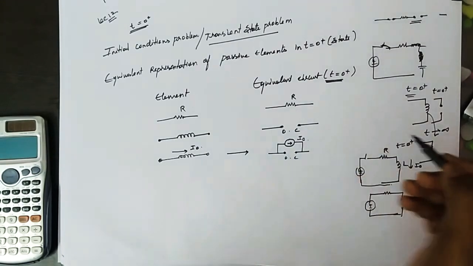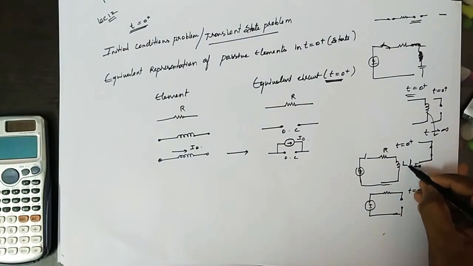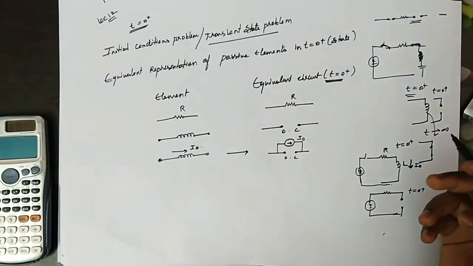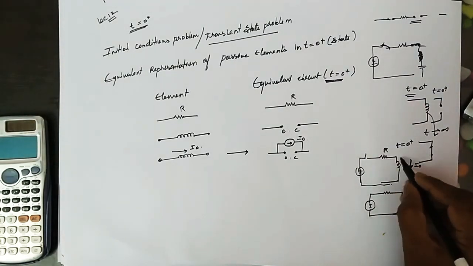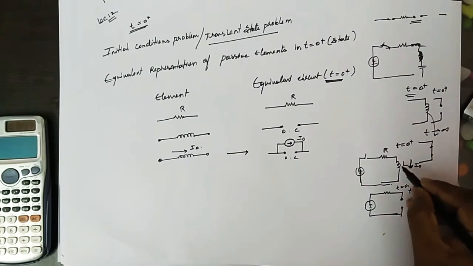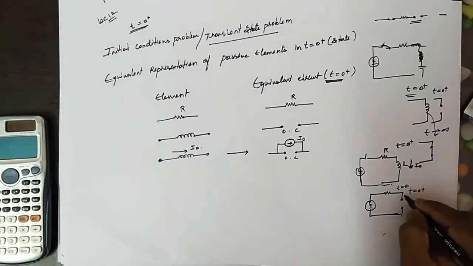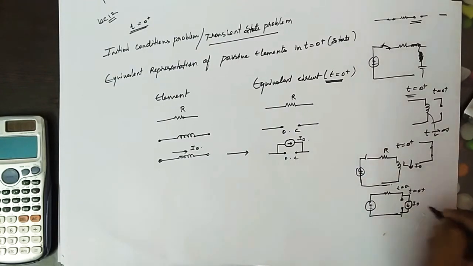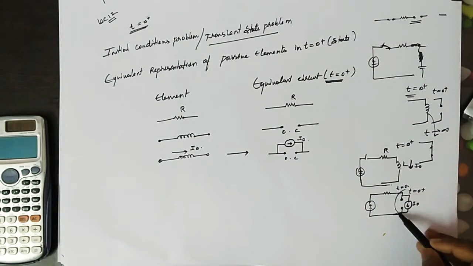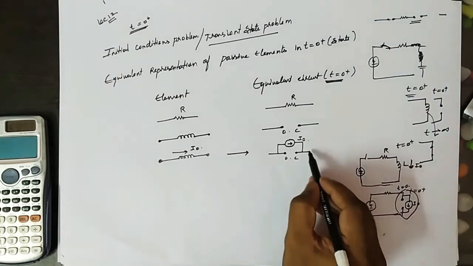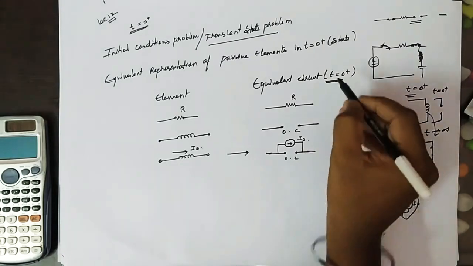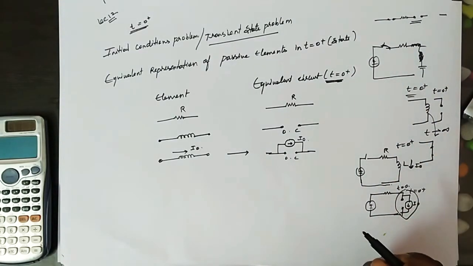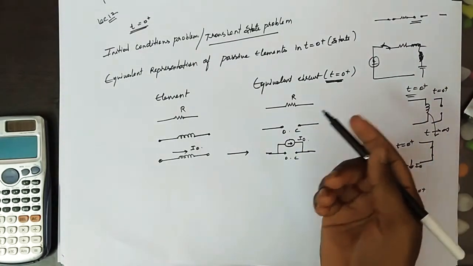So the initial current will not be neglected here. Even though you switch on at t equal to 0 plus and the inductor behaves as an open circuit, you will have an initial current I naught. You have to remember this. That's why I kept this as the equivalent circuit of an inductor having initial current at t equal to 0 plus, immediately after the switch is closed.